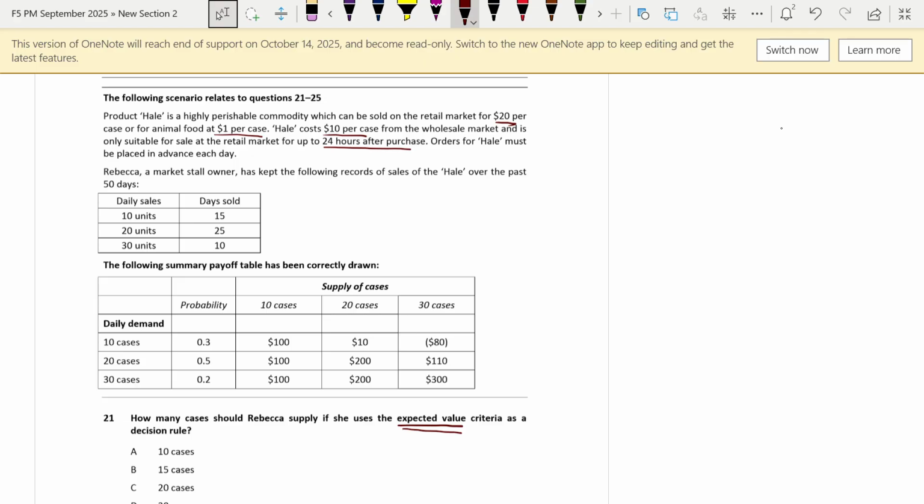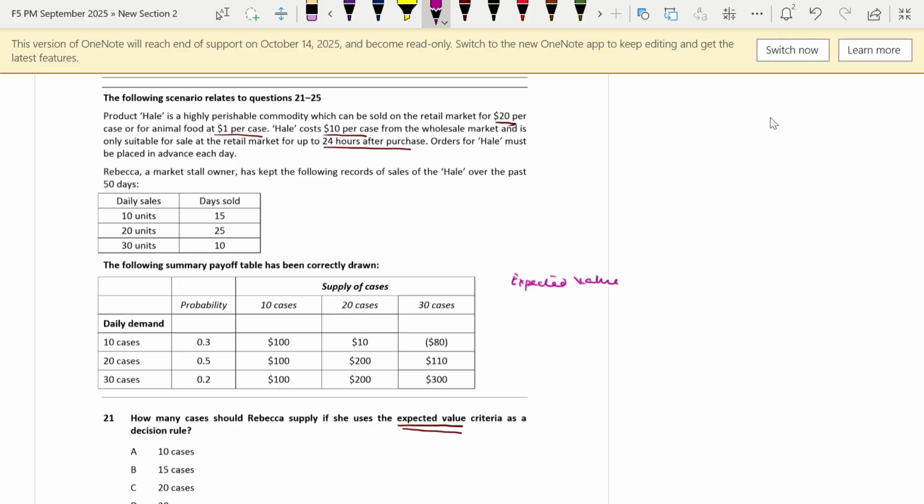Tell me what you will do if you have this question in the exam. You should calculate the probability for each of them, then the expected values.